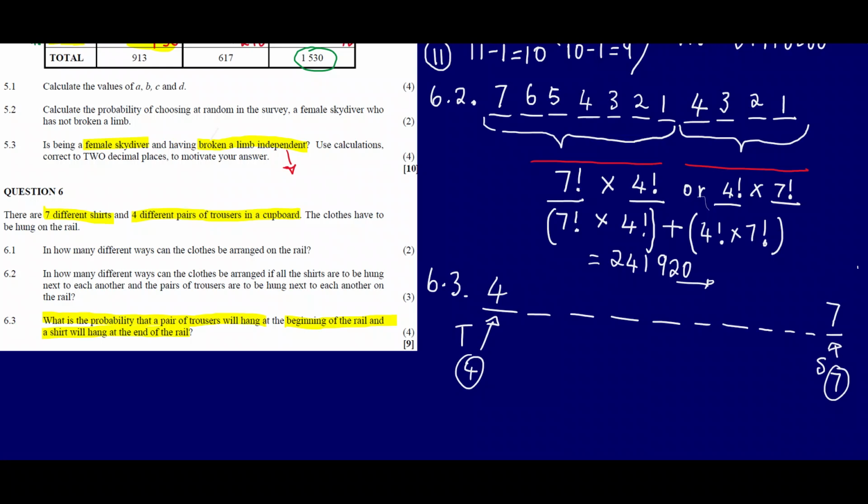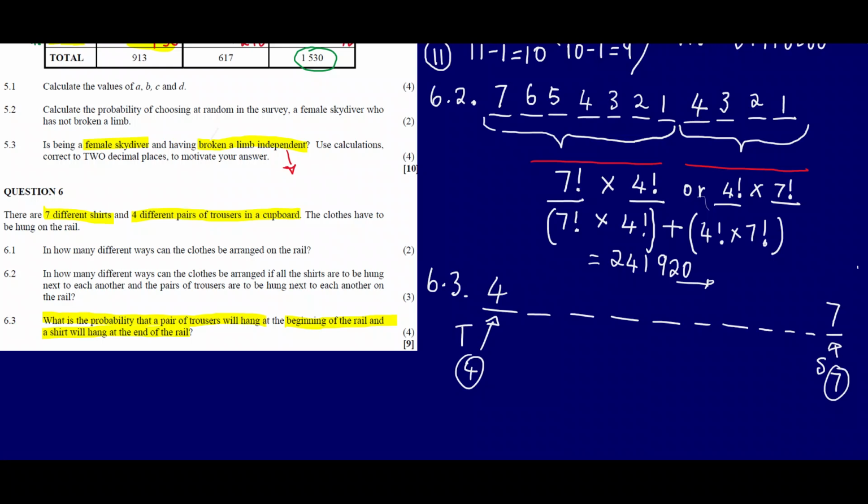And the shirts, how many shirts do we have? Any of those 7 shirts can occupy that position. And I think there's no other restriction after this, right? So they just want the trousers to be hung on the first rail and the shirts to be hung on the last rail.